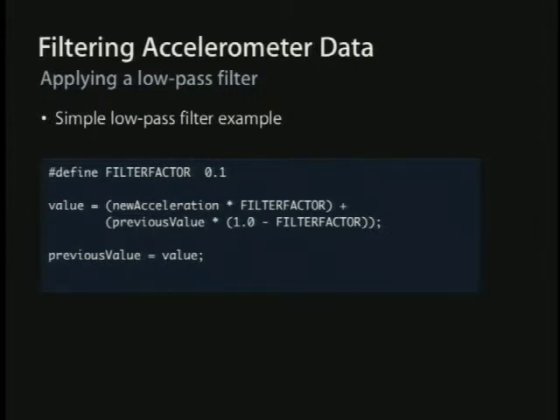If your acceleration in this case is 1, just holding it still, and we're moving it up and down, we're fluctuating between like negative 0.5 and negative 1.5 as we move. But we're always centered around that 1. So if we keep preferring the previous value, we're always going to tend to stay around 1 because the average is always going to be around 1.